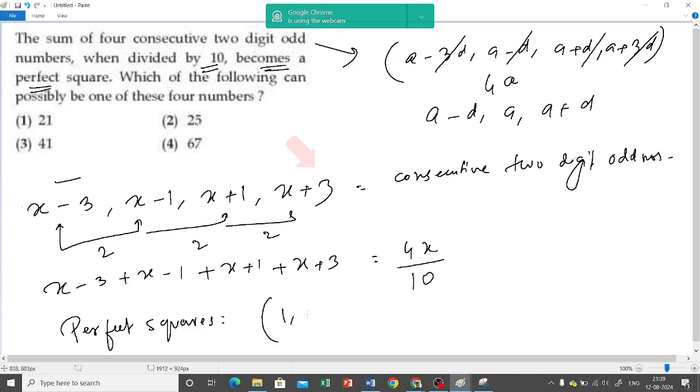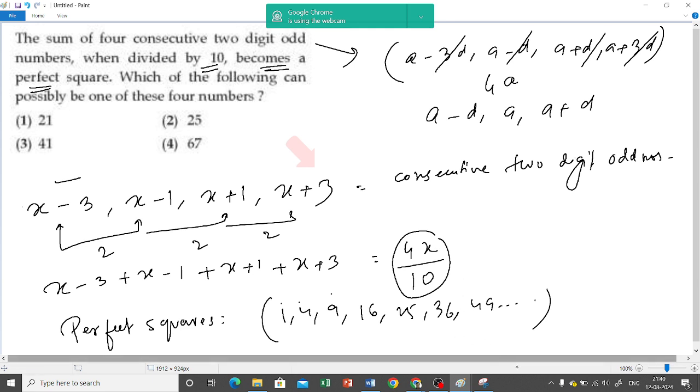The perfect squares are 1, 4, 9, 16, 25, 36, 49, 64, and so on. Now see, what can 4x by 10 be? It cannot be 1, 4, or 9, but it can be 16, because these are all 2-digit numbers. So when 2-digit numbers are added and divided by 10, I will get a 2-digit perfect square.